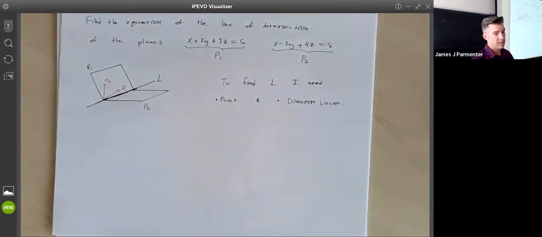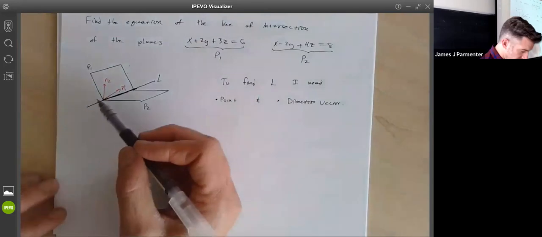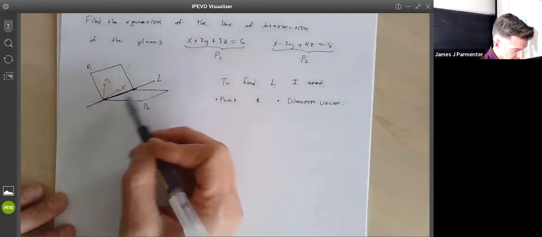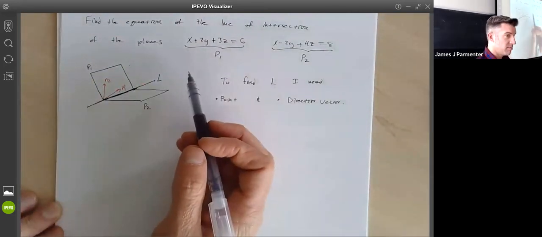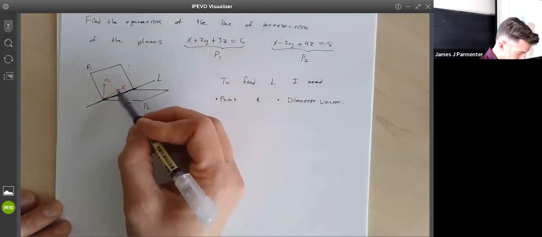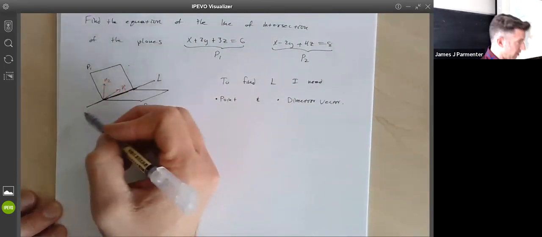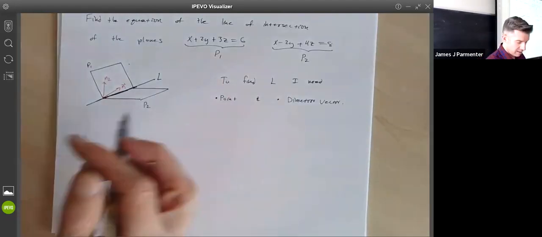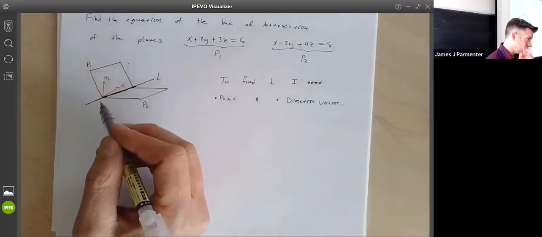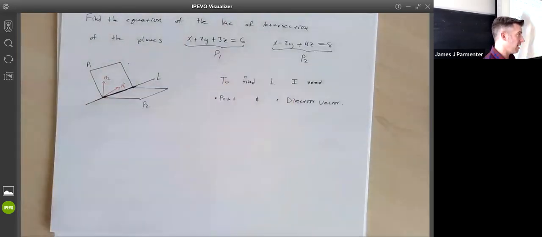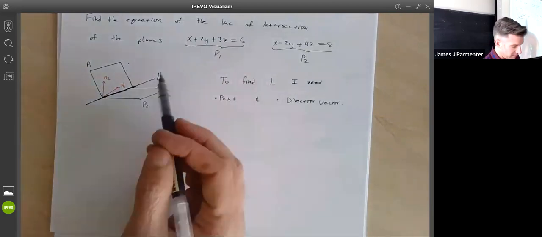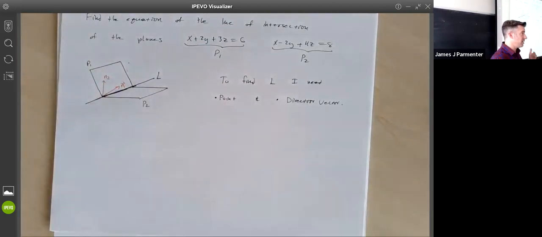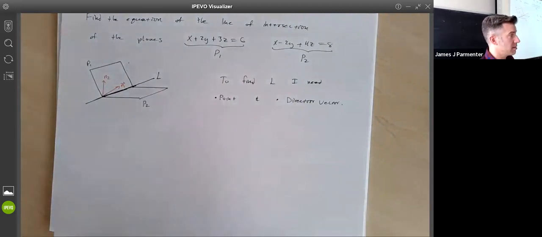If I'm a vector that's perpendicular to a plane, I am perpendicular to every line in that plane. So if this is perpendicular to this plane, it's definitely perpendicular to the line L. And similarly, if this vector is perpendicular to the plane P1, it's definitely perpendicular to the line L that's contained in it. So once again, I want to find the vector that's on the line.